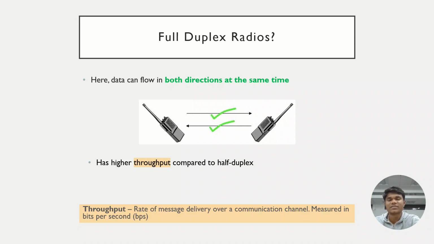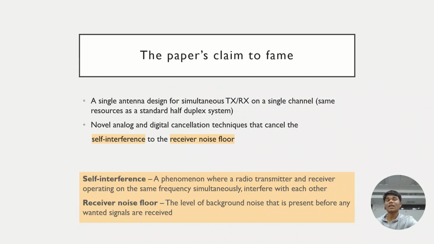So here we can transfer more data per second. If the full duplex system is implemented ideally, then the throughput of a half duplex system should be exactly half of that of full duplex.